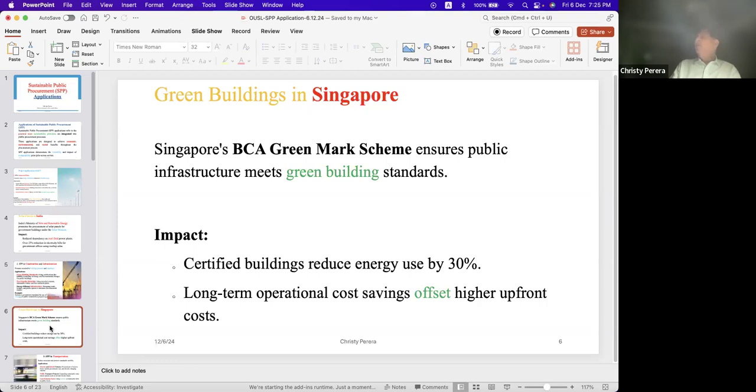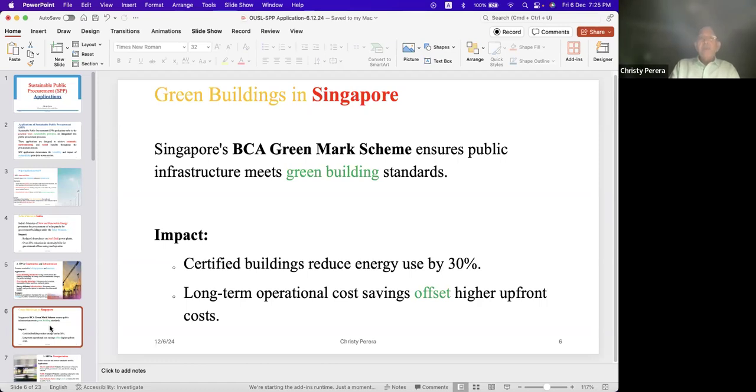Sometimes we also do our roof, sometimes they paint it green. It looks like a green building, but it's actually not a green building. Green buildings are an entirely different methodology.